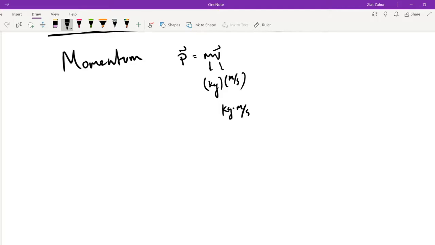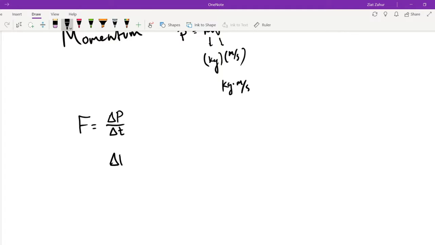What else? Let's see. Force is defined as the change in momentum per time, dp/dt. And so the change in momentum must equal force times t. FΔt equals Δp.